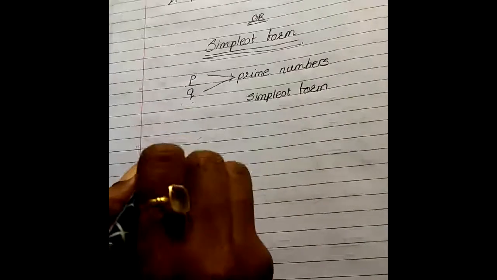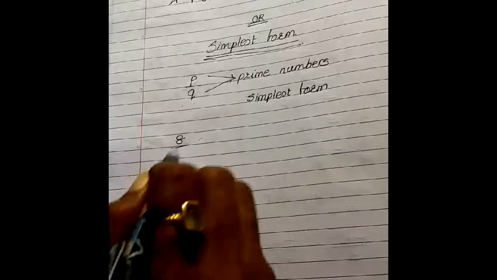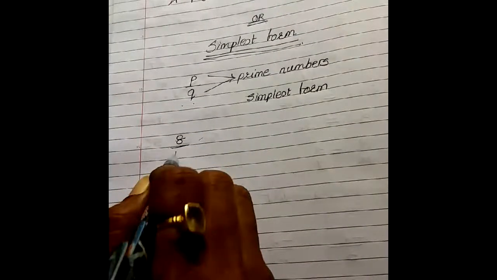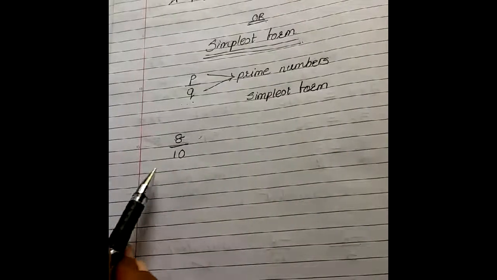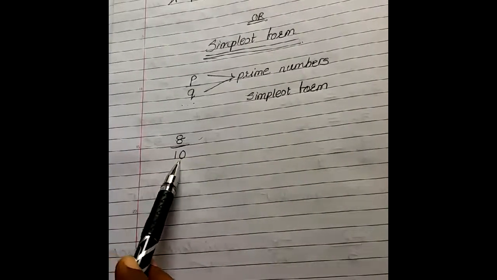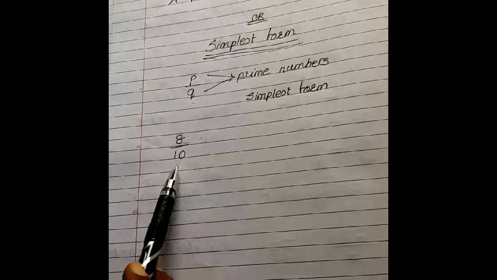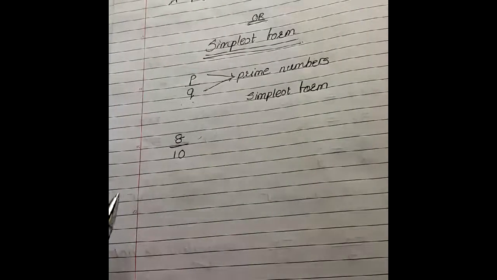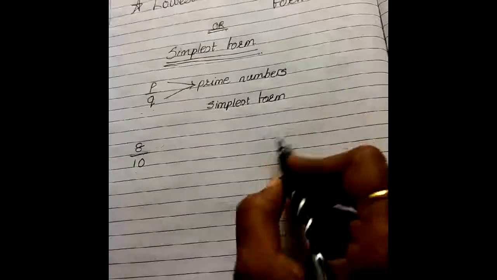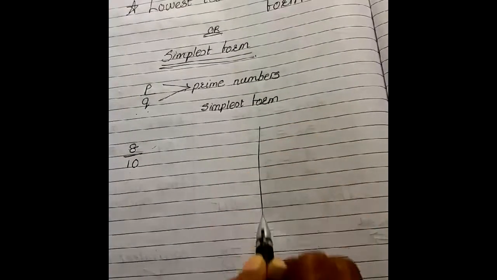If you have just one number, 8 upon 10, let's take the number 8 upon 10, and they ask you to write this in its lowest form, standard form or simplest form. So what you have to do is take your rough side.